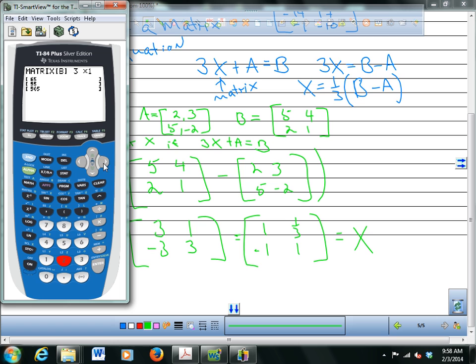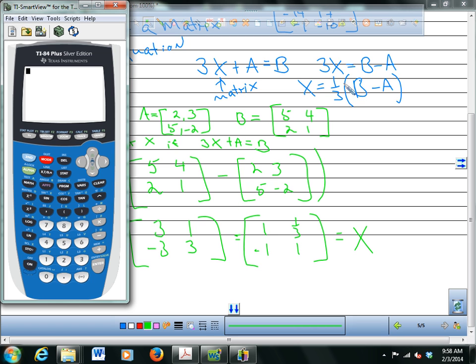And you're going to put in the elements into that one, which is 5, 4, 2, 1. Okay. And then I'm going to go second quit.